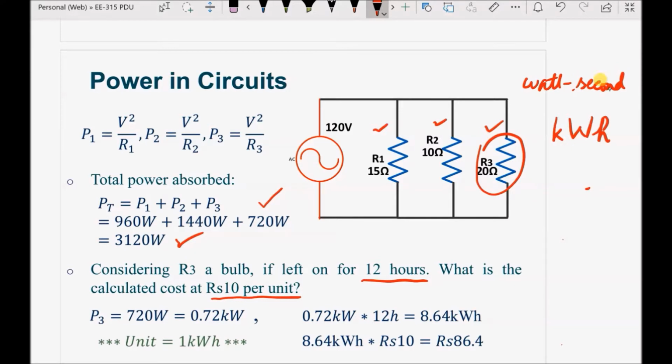We convert it into kilowatts, and then this is going to be multiplied by the number of hours it remains switched on, and the product is going to be multiplied by the cost, which is rupees 10, and this is the amount of rupees you're going to be spending for that bulb to remain switched on for 12 hours. So this is just a simple calculation and simple example.